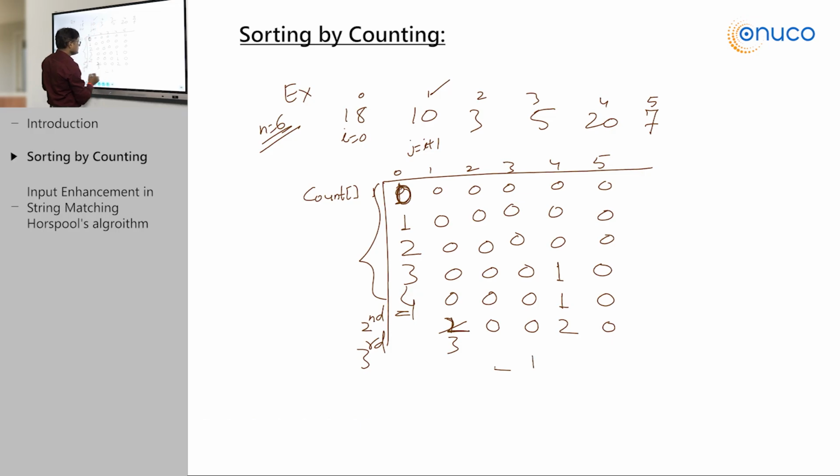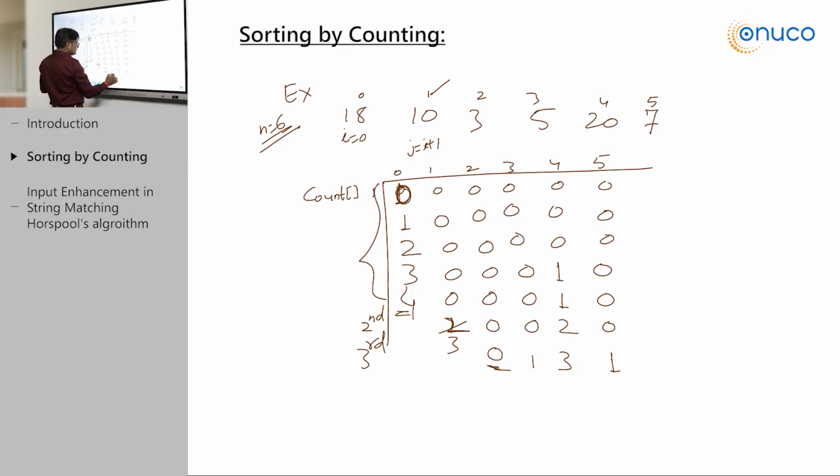So 5 position is 1. 3 remains 0. Right? 3 and 20. 20 is greater. 3 is smaller. So now count value of 20 is 3 now. 2 plus 1 becomes 3. 3 and 7. Count value of 7 becomes 1. It means now in third iteration we got to know that count value of 3 is 0.